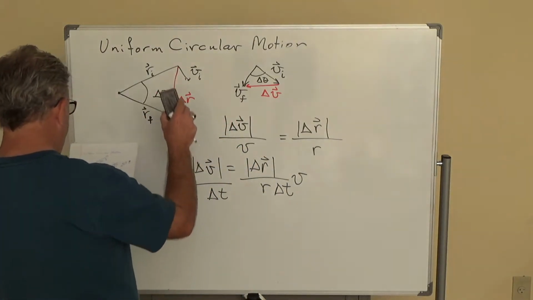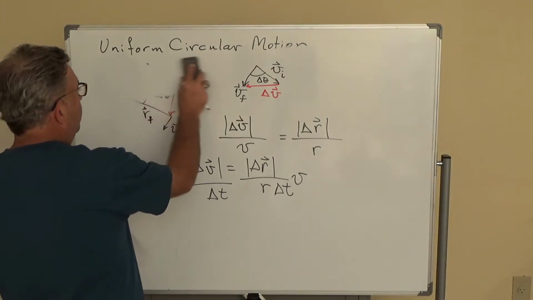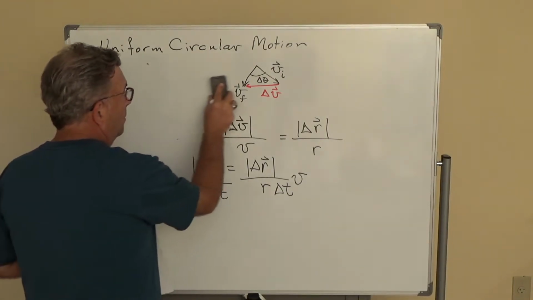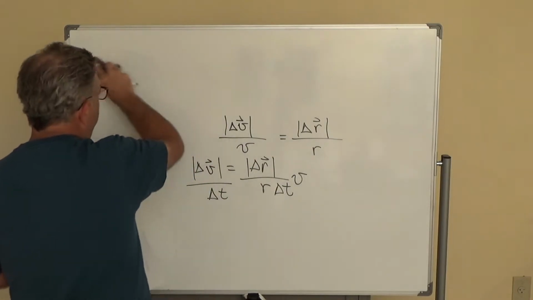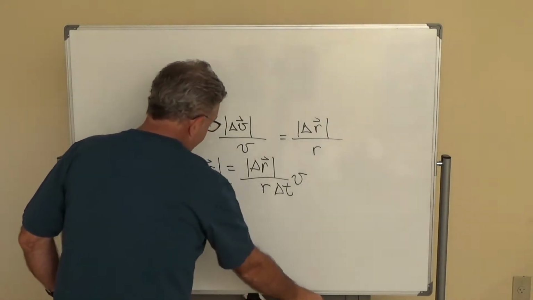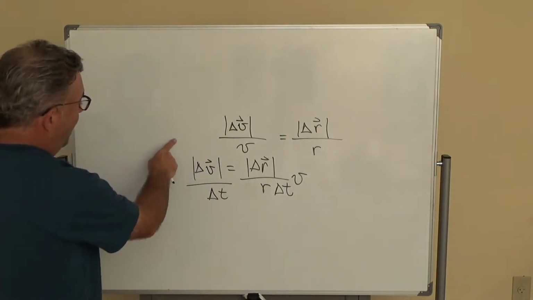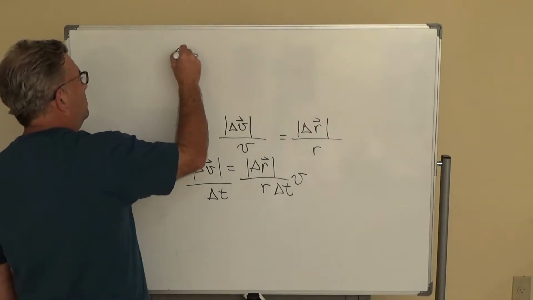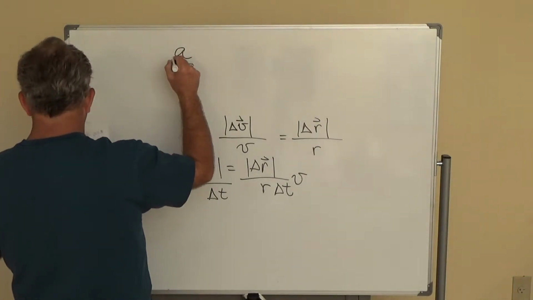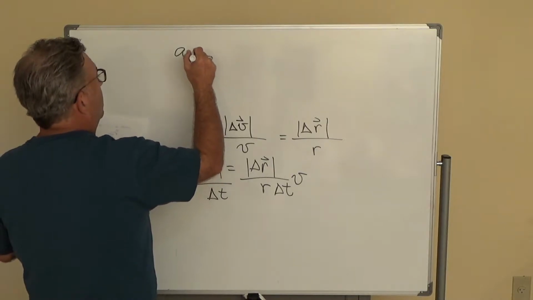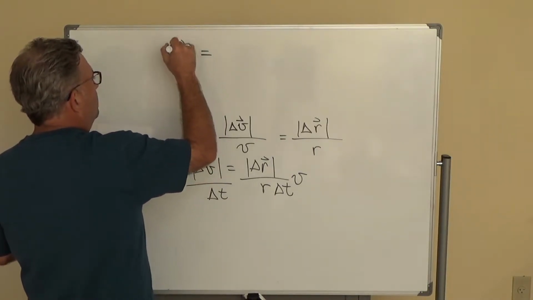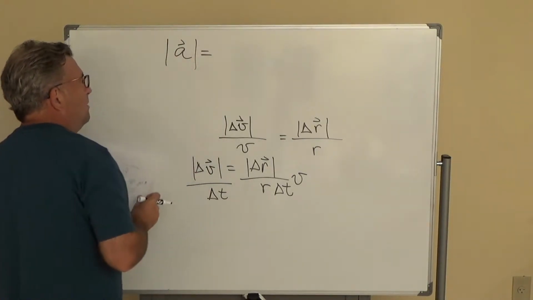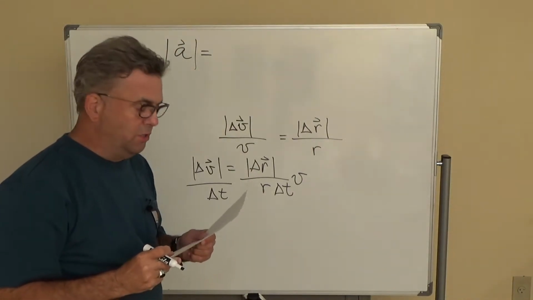So now on the left-hand side, what do you have? You have delta v divided by delta t. That's the magnitude of the acceleration. That's on the left-hand side. Okay? This would be just the magnitude of the acceleration.